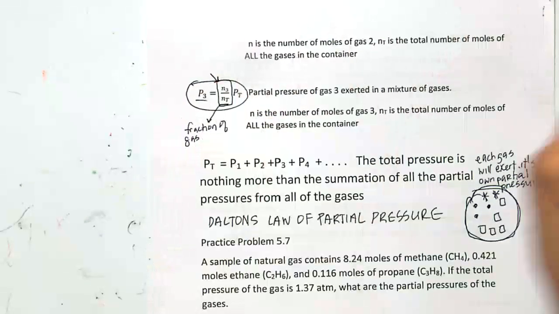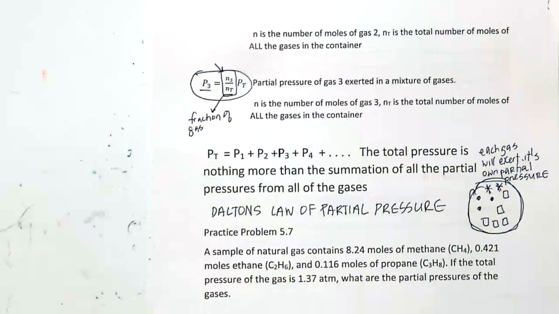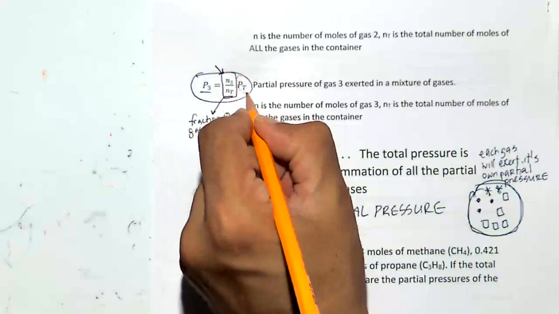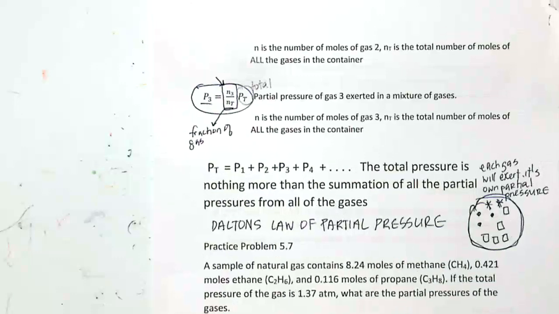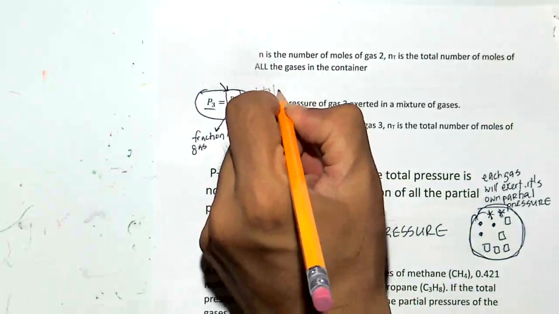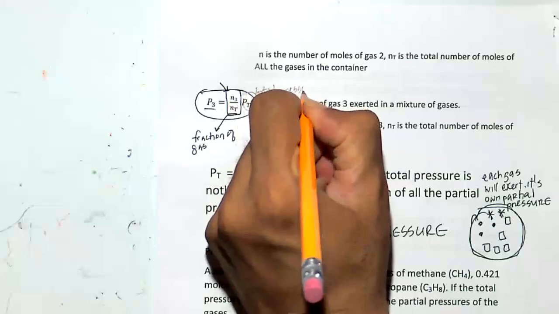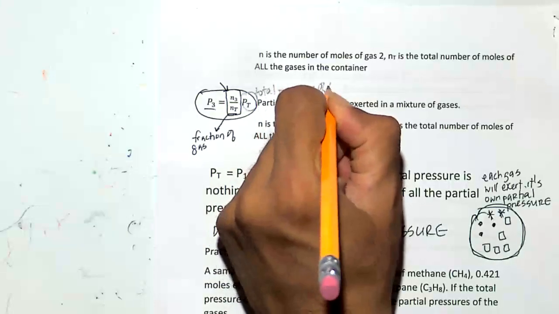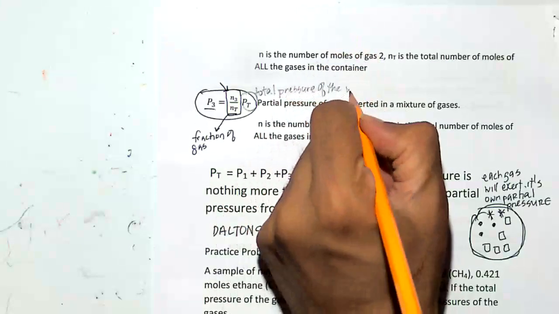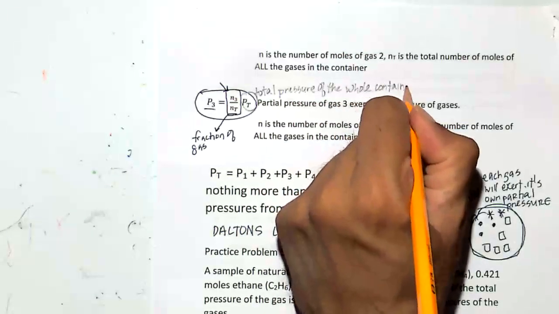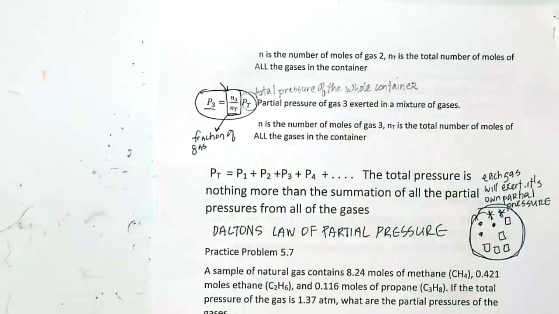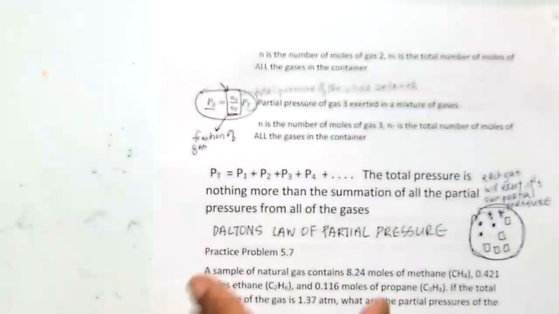Remember, part over whole, and this is the total pressure of the whole container.